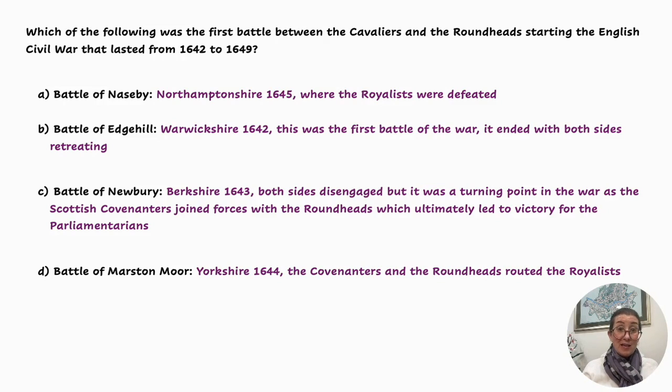Both sides disengaged, but it was a turning point in the war as the Scottish Covenanters joined forces with the Roundheads, which ultimately led to victory for the Parliamentarians. And D, the Battle of Marston Moor was in Yorkshire in 1644. The Covenanters and the Roundheads routed the Royalists. So the first battle of the war was the Battle of Edgehill, B.